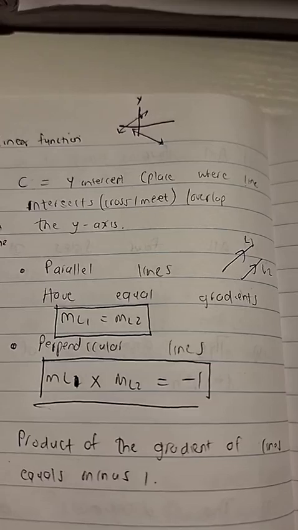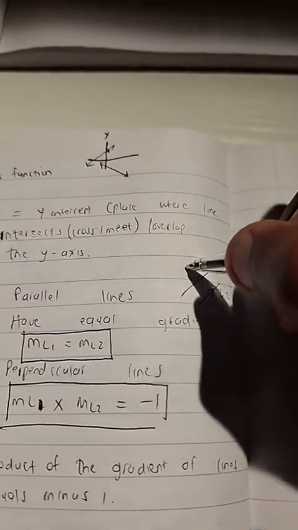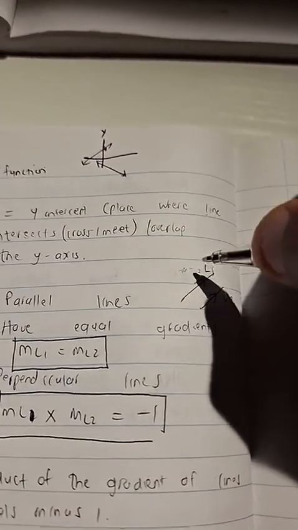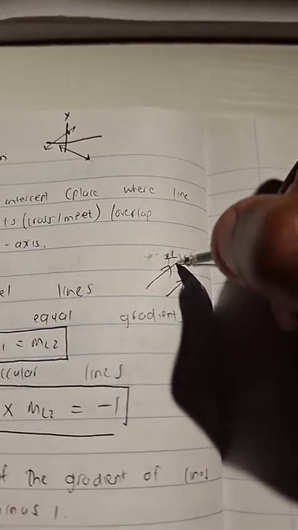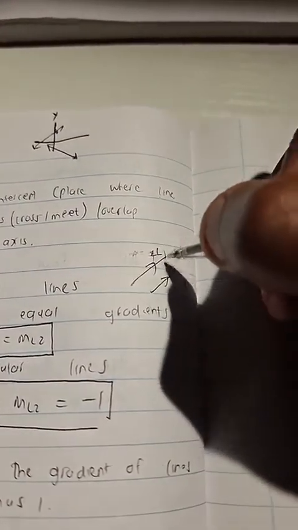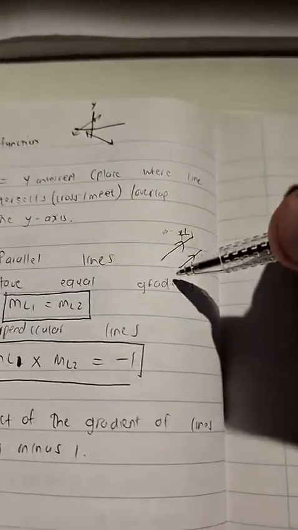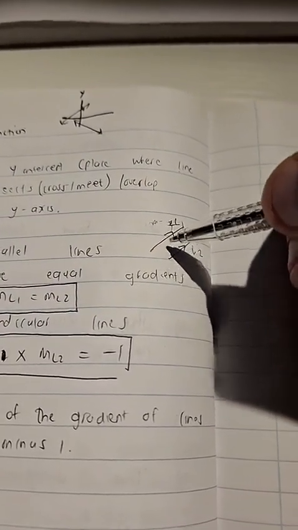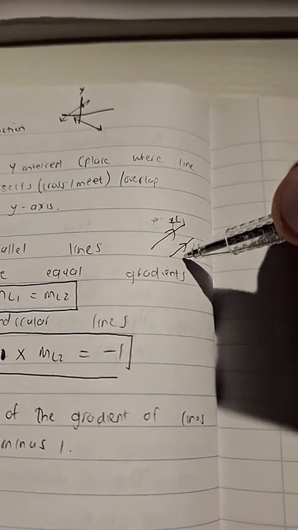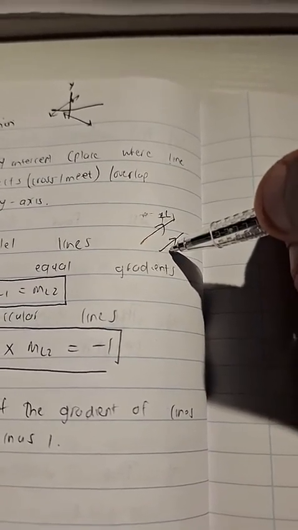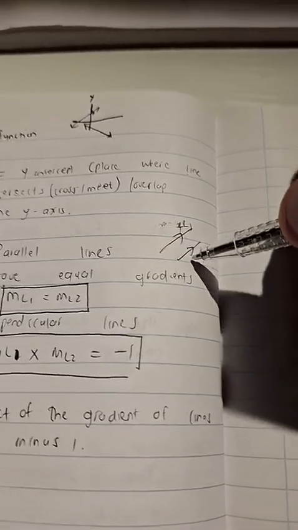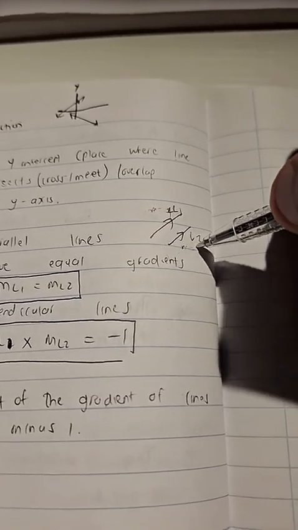Okay, so I could, for instance, know what the gradient of this line is. Let's say I was told that the gradient of this line is 4. If the second line is parallel to this one, then I can tell you without a shadow of doubt that the gradient of this line is also equal to 4.